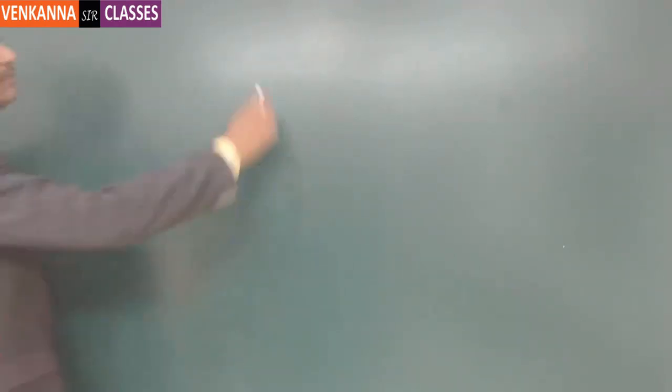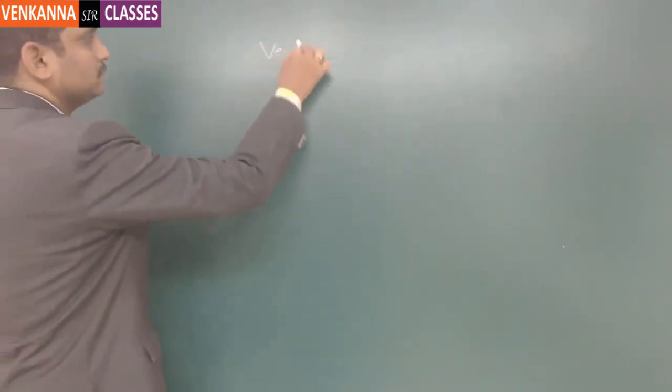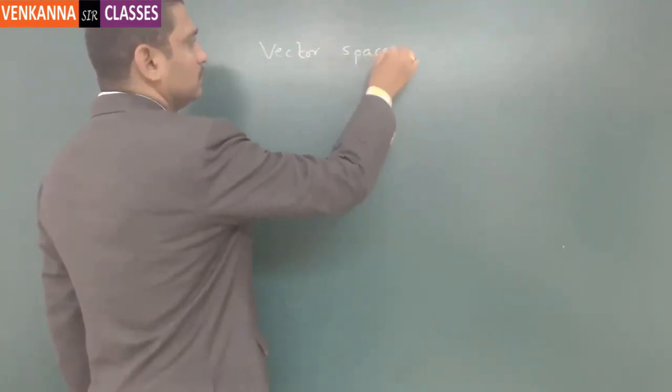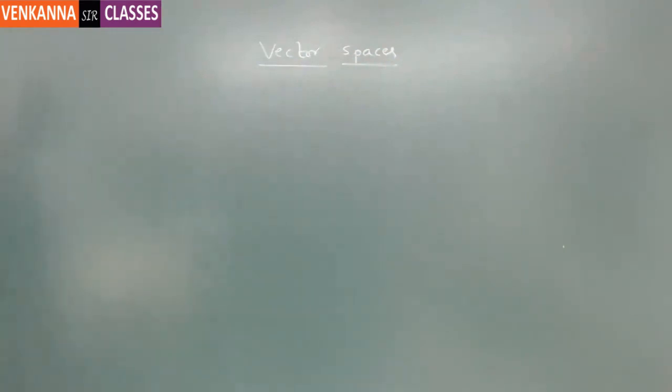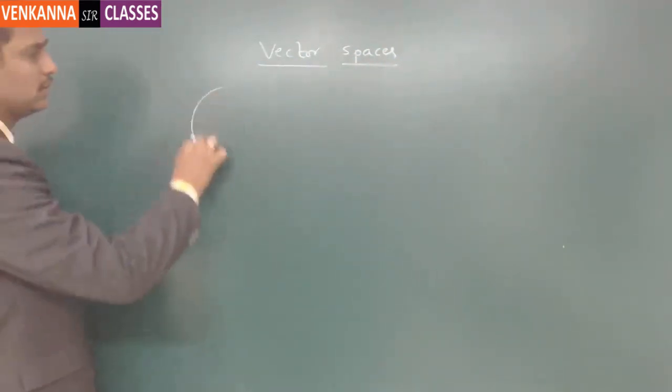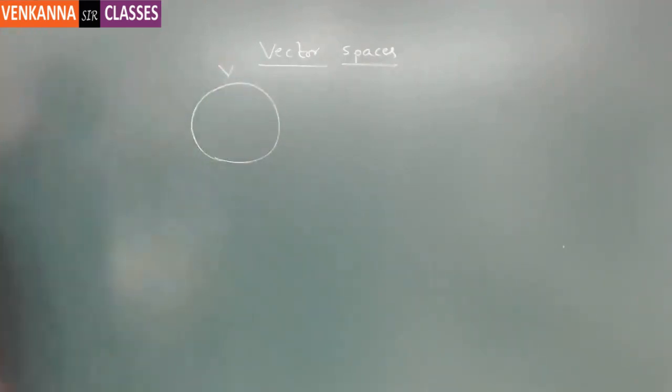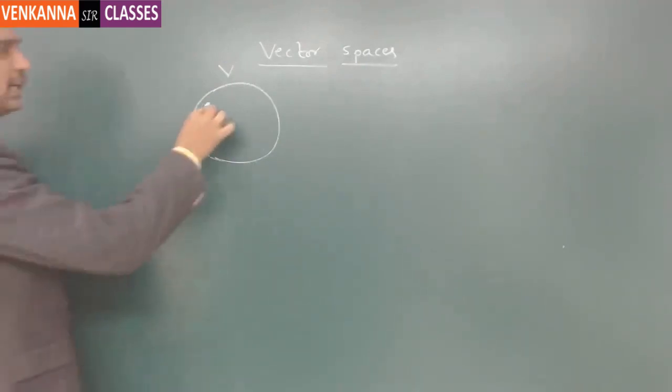Now I am going to give the definition of vector spaces. You take a set V. The elements in V are called vectors.